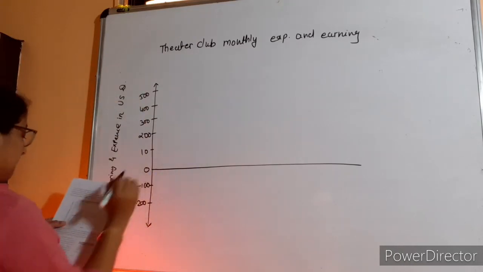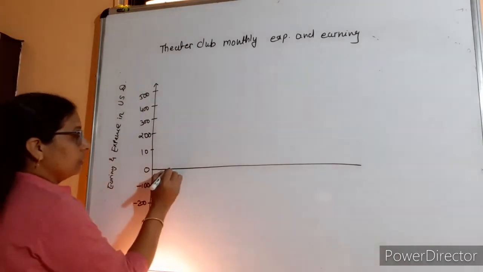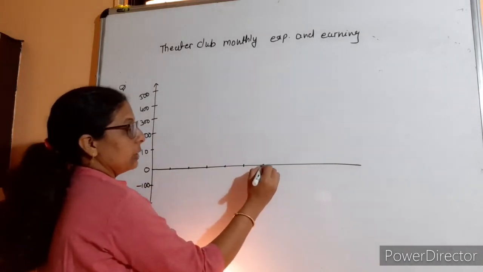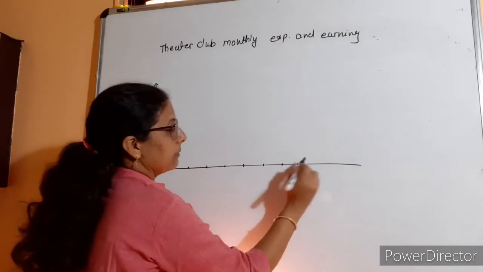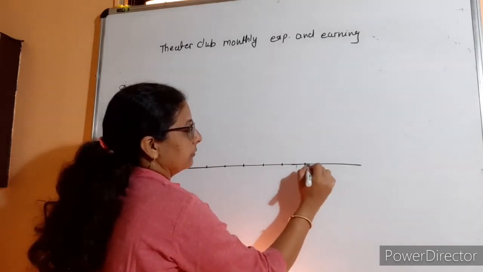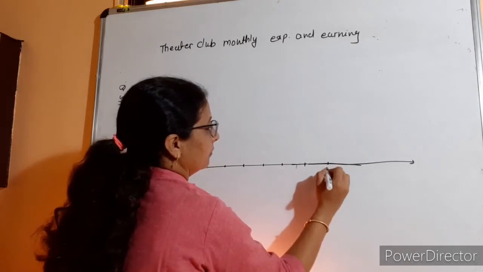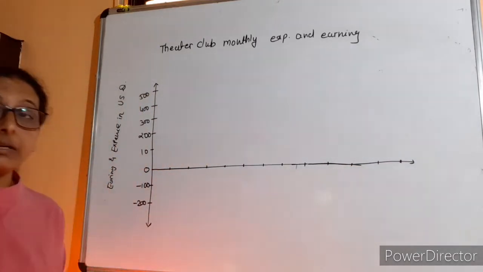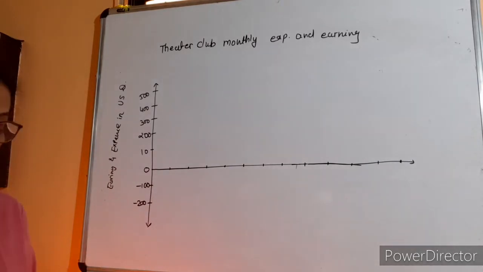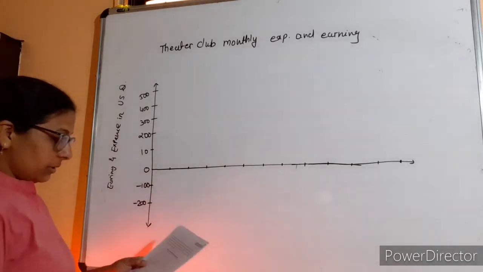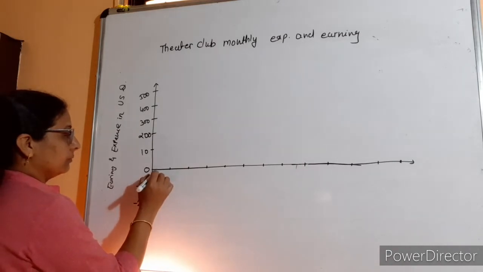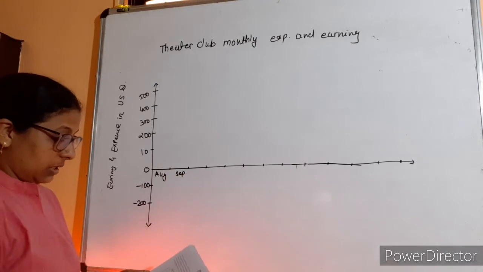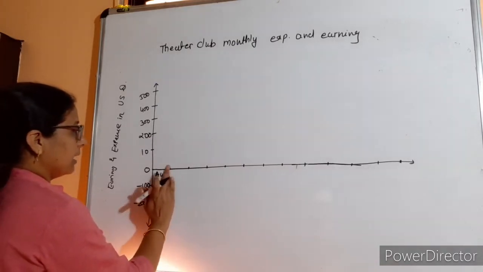Now here the month is given, so I'll take these points at equal distance to make the bars. Why will I write these points at equal distance? To make equal distance between two bars, right? Yes. So here is August, September. Okay, we have to leave one line also.